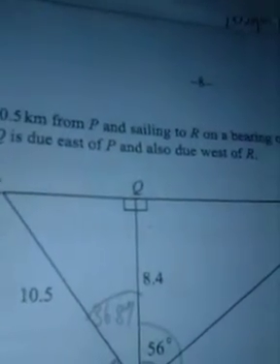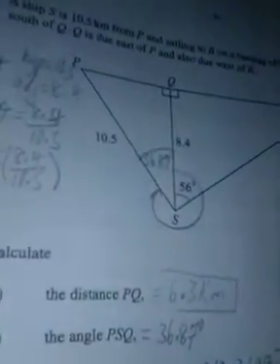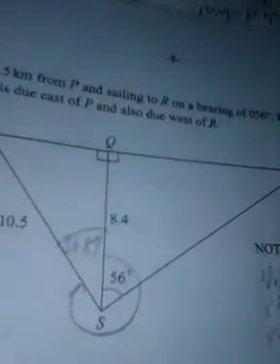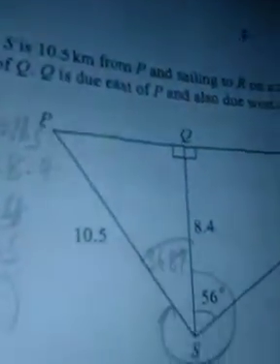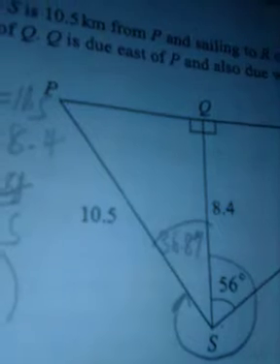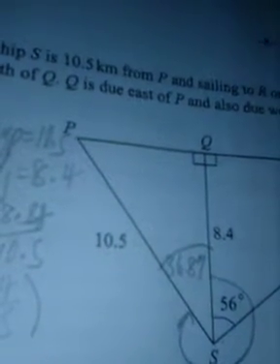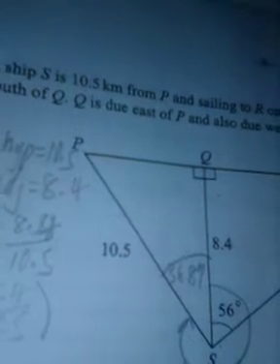Okay, back again. A ship S is 10.5 kilometers from P. Let's just avoid reading the question, eating up time. I can find the distance PQ. PQ is from P to Q, up here. You see that? Now, what do I have? I have this triangle where the hypotenuse is 10.5, and one of the sides, I'm going to call the adjacent for now.